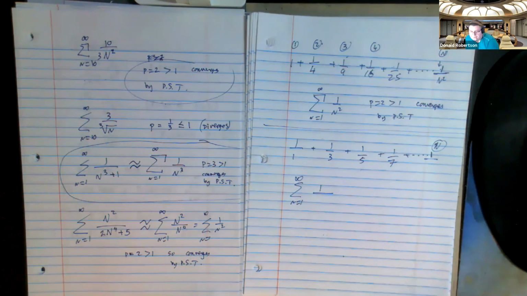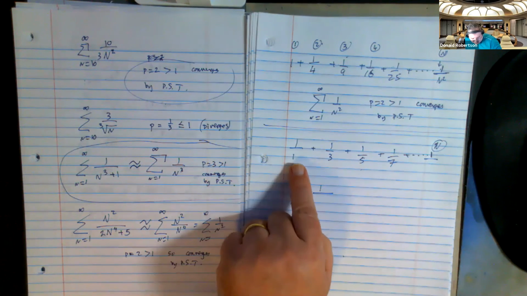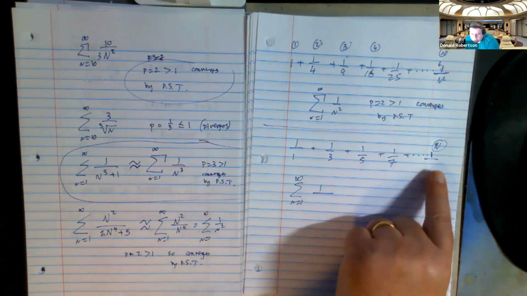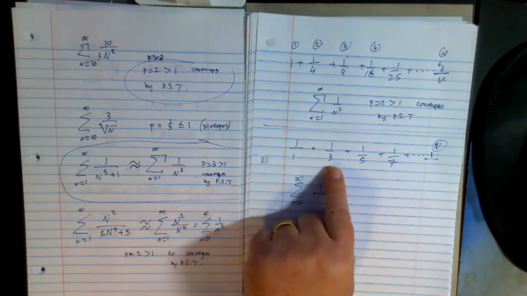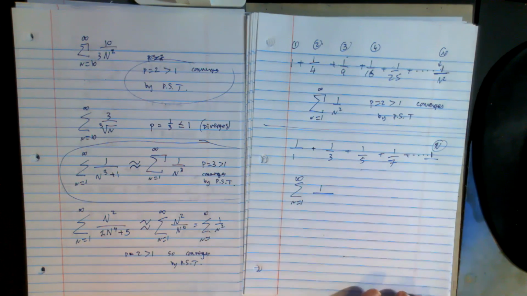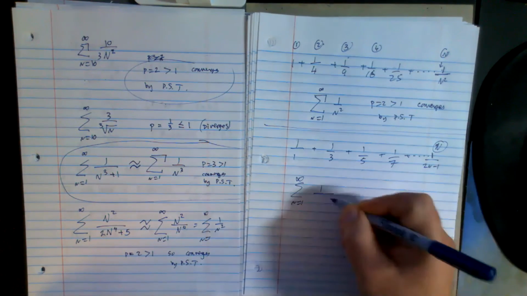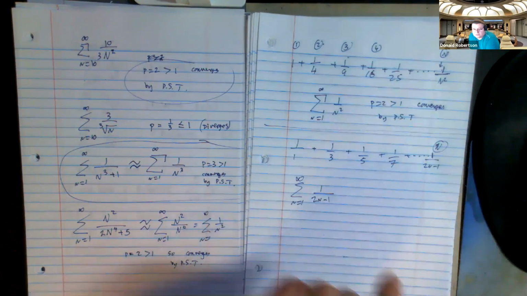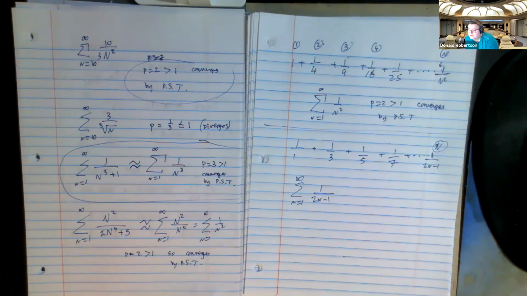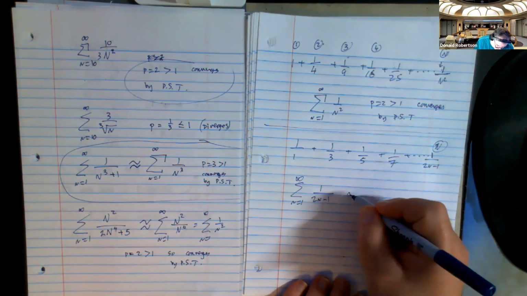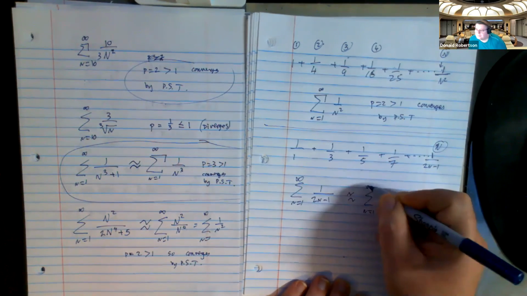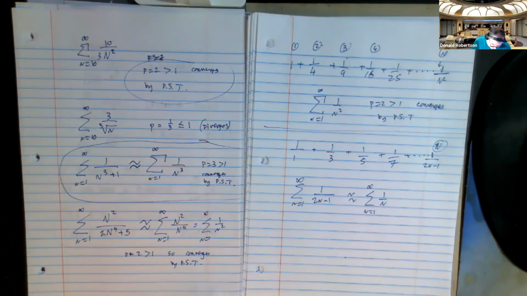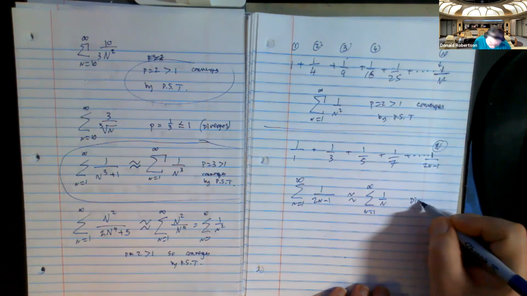Think something totally different this time. What gets you 1, 3, 5, 7? 2n minus 1. Now, that guy is not directly a P series. Agreed? But doesn't he behave like a P series? So it diverges.